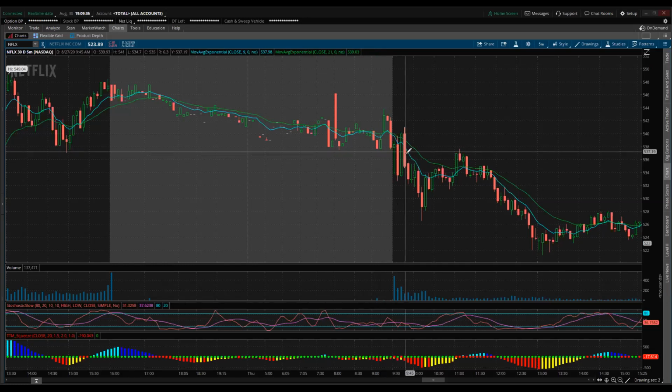Then we see a nice break below and hold at 950. If you were to scalp this, you'd be in here and probably out anywhere from here, and that is about a $10 move, maybe a $5 to $10 move in a couple minutes, which is nice. If you held it throughout the day, it's a larger move, but it's time decay, and day traders don't like to hold longer.